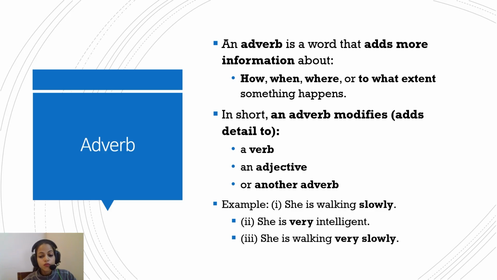Here again, the adverb slowly is modifying the verb walking, while the adverb very is modifying the adverb slowly. So, like the definition said, an adverb is something that adds information to or modifies a verb, an adjective, or another adverb. Okay, I hope you understood what adverb is.